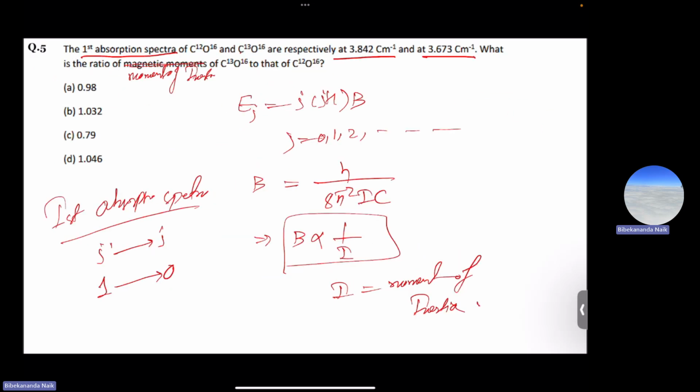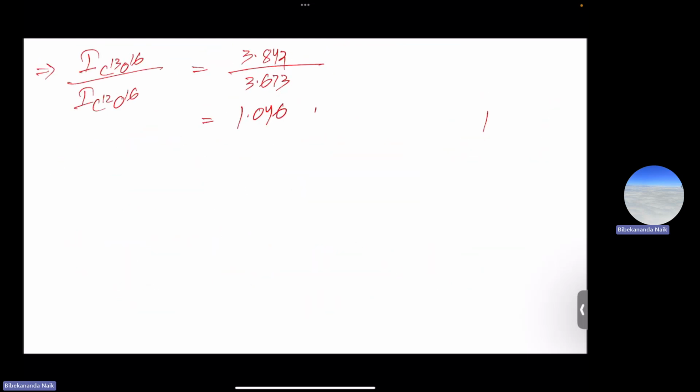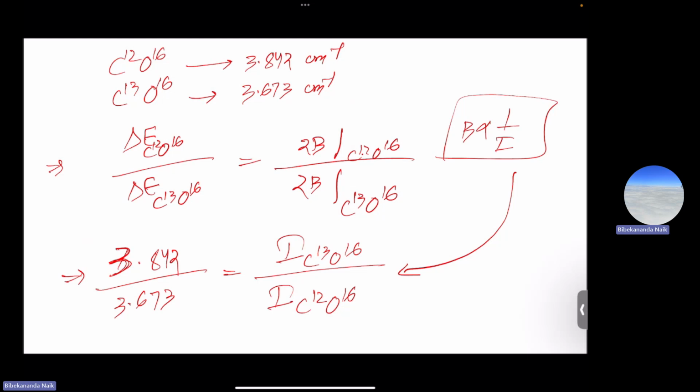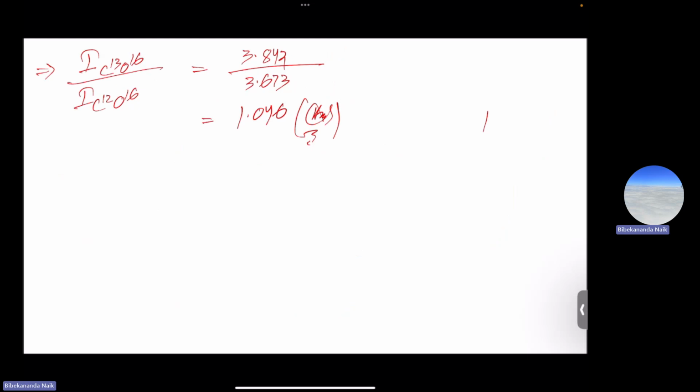So the correct option is option D. This is the correct answer. In the question it was the ratio of moment of inertia of C13O16 to that of C12O16. So the ratio of inertia is 1.046. I hope this is clear to everyone. Now we will move to question number 6.